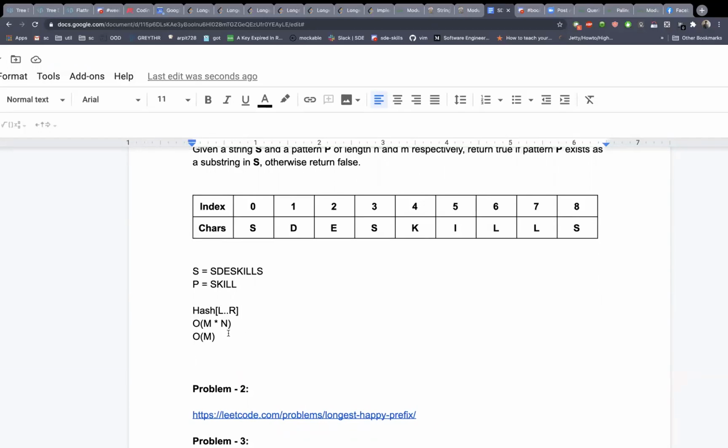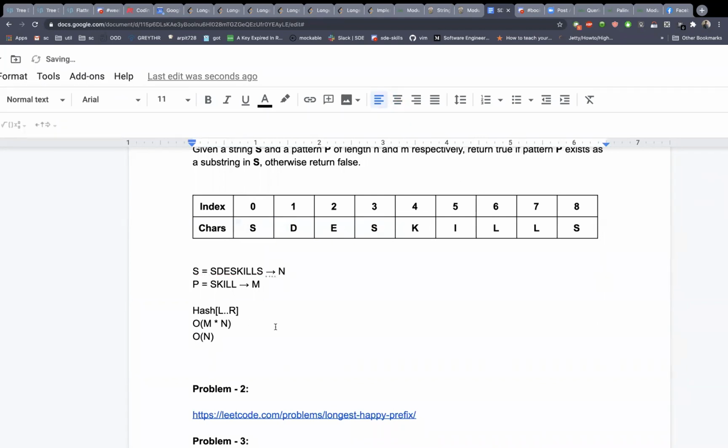We can just, for all the windows of length m, if we call its length m, check if its hash is equal to the hash of P. Then we can say that P exists as a substring of the string S. This way we will be able to solve this problem in O of n time, where n is the length of this string.